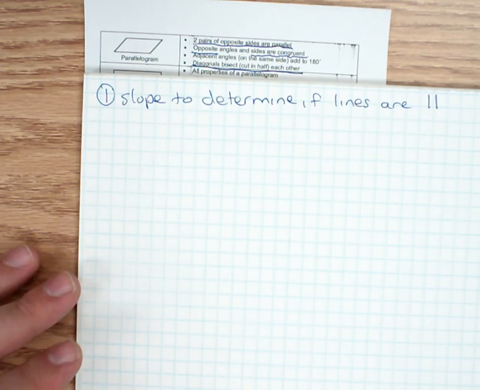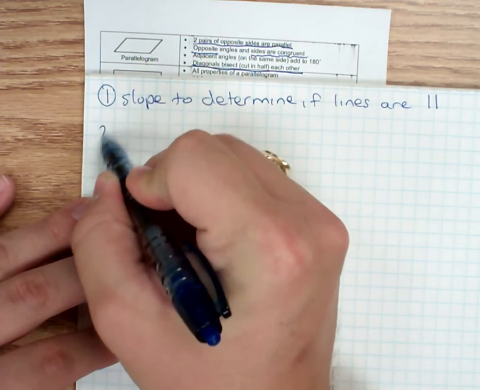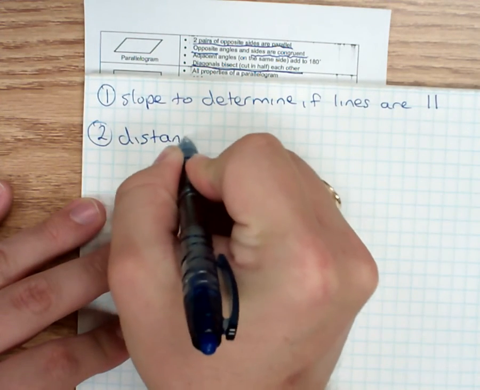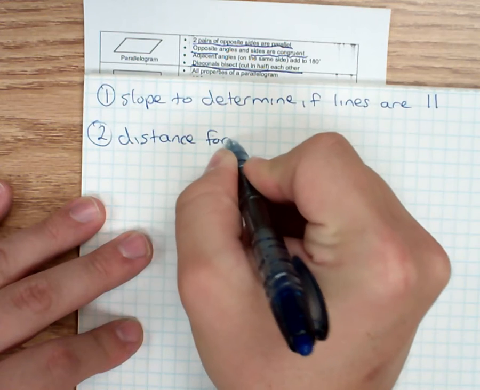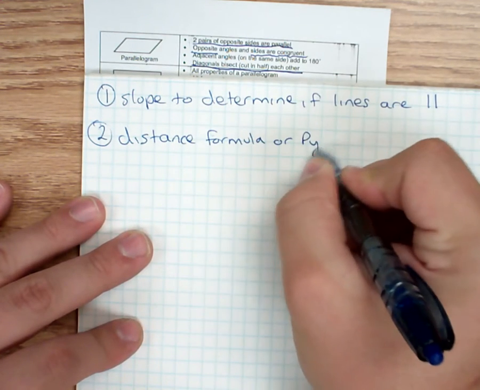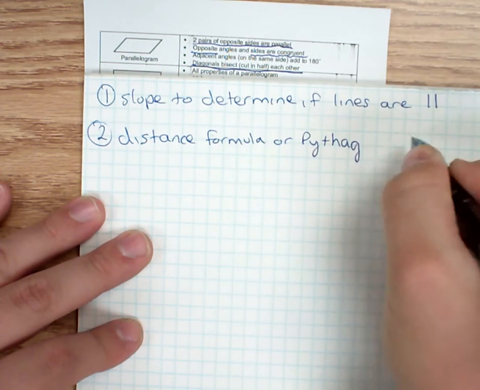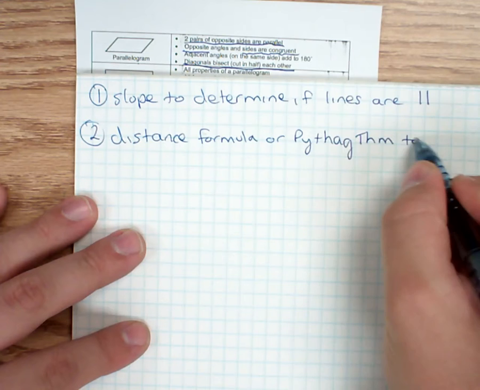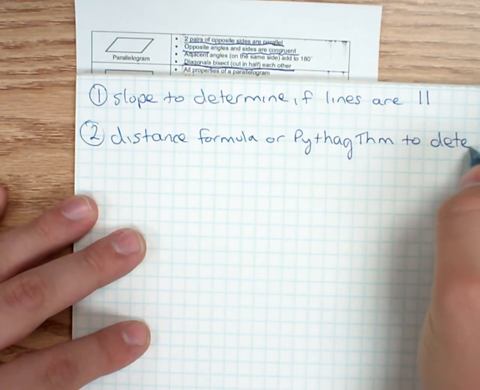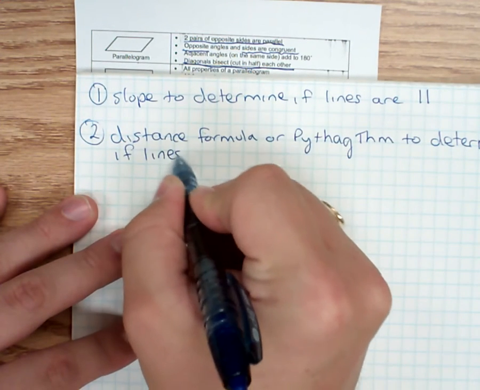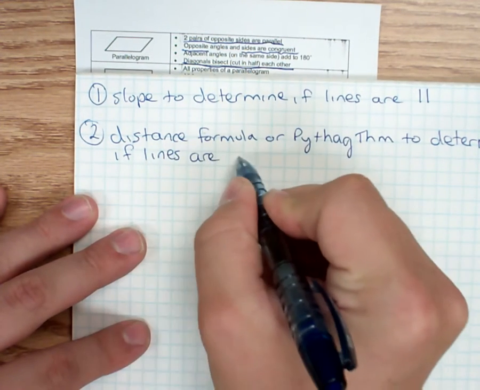Okay, you could count the boxes, or we could use distance formula or Pythagorean theorem to determine if lines are congruent.